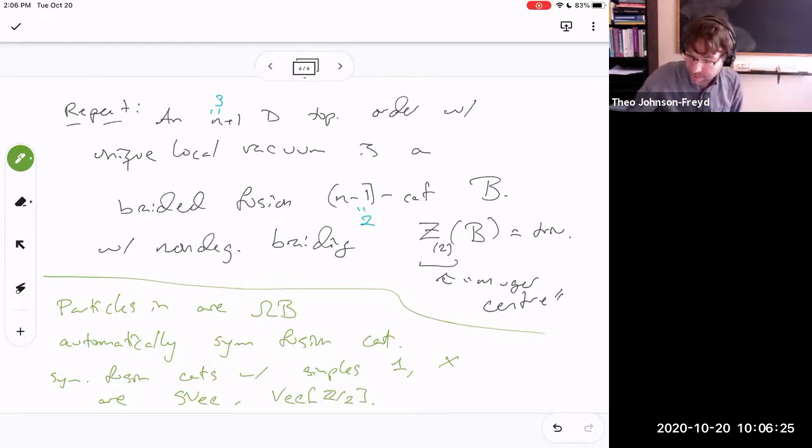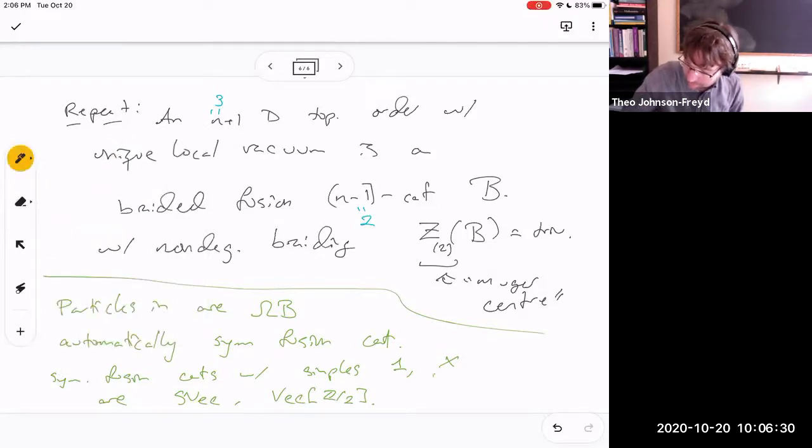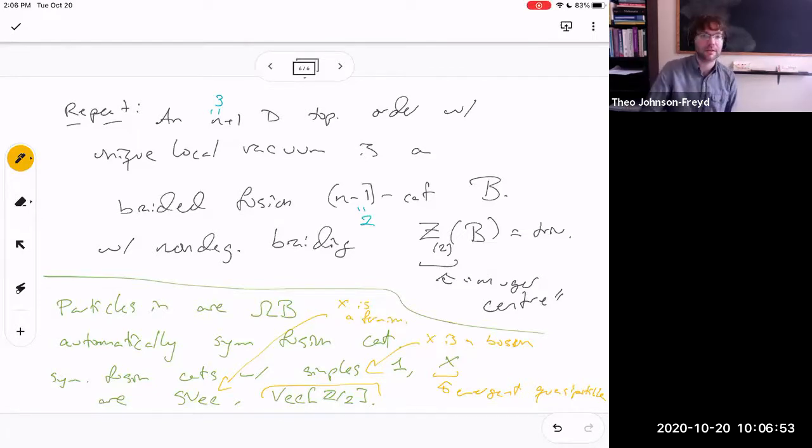And the difference is that in this particle, so this is my emergent quasiparticle, in Rep Z2, X is a boson. And in super vector spaces, X is a fermion. And in either case, it squares to the identity. Let me not call it X. For some reason, I would like to call it E because I'd like to think of it as an electron.